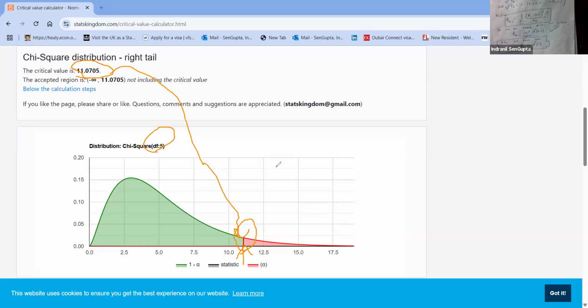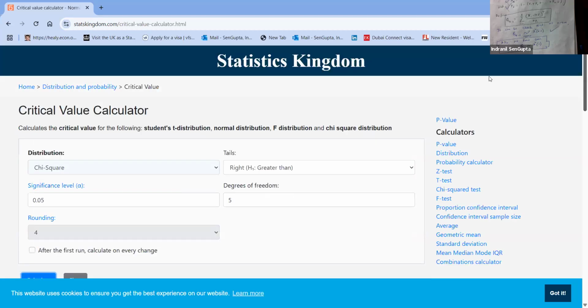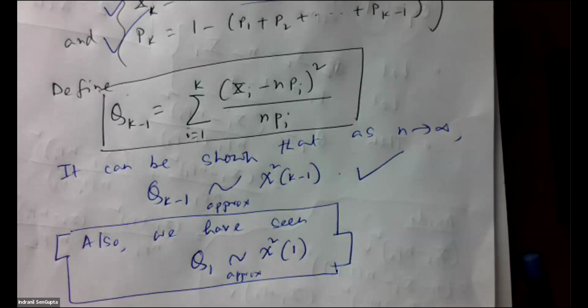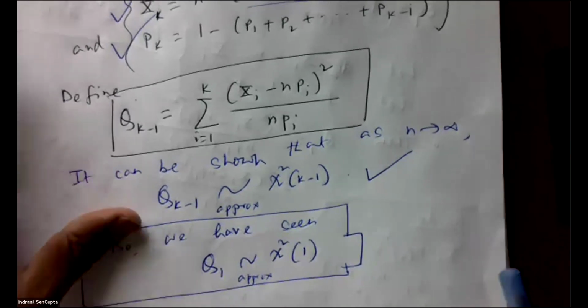So this way you can compute the critical value, and you'll see why, because in the next example I'll be using the critical value. This is a nice way of computing the critical value for a chi-square distribution. All right.